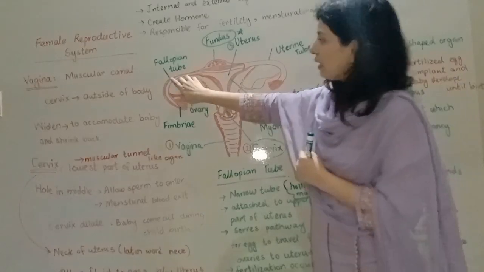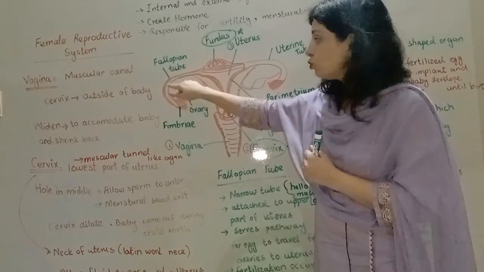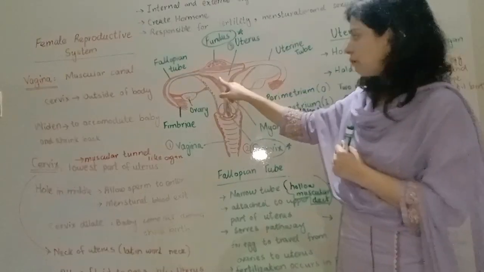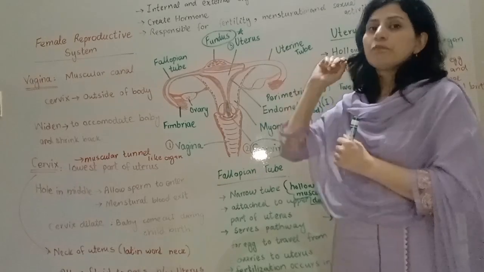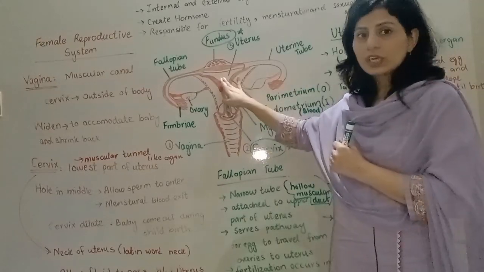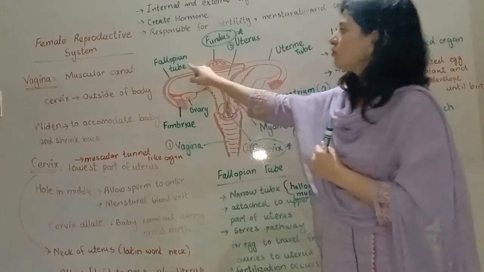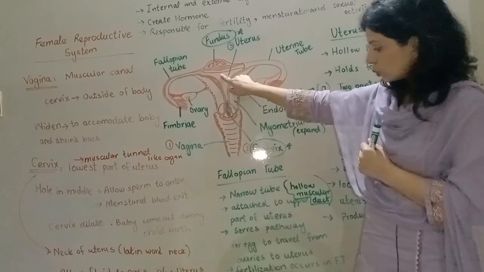When the egg in the fallopian tube becomes fertilized, it moves into the uterus and implants there, and the remaining growth occurs in the uterus.